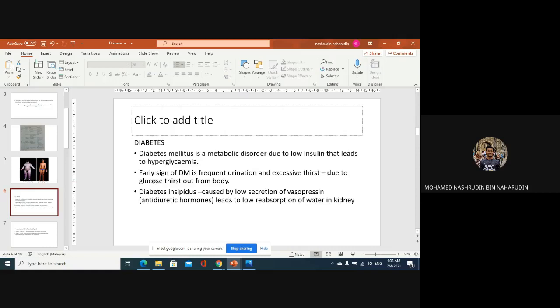So apart from diabetes mellitus, there is also another type of diabetes, which is a very rare case, what we call diabetes insipidus.